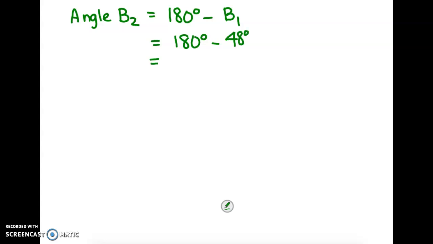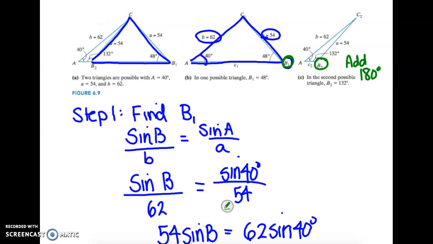So angle B2 is 132 degrees. Going back to that picture, we found this angle right here to be 132 degrees. It's an obtuse angle, where angle B1 is an acute angle.